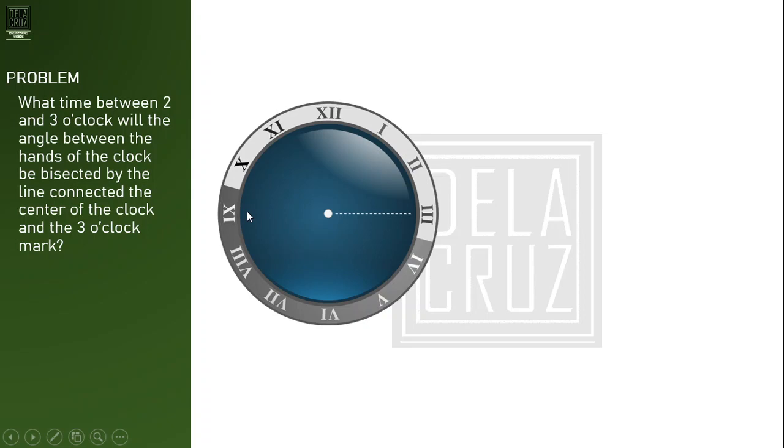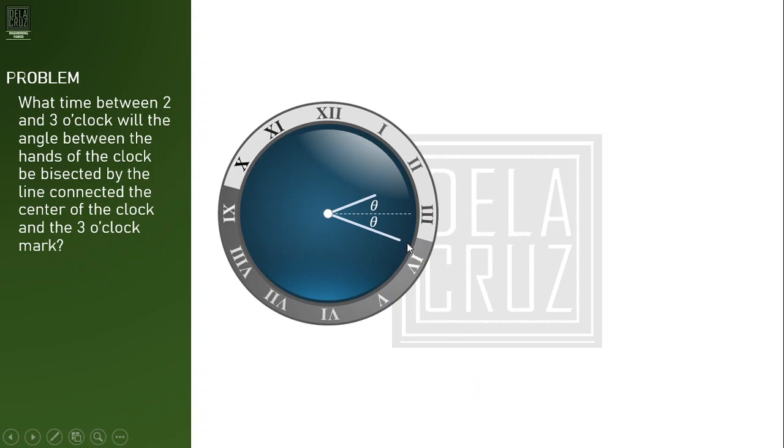So ibig sabihin, since nag-move na yung ating orasan, that means somewhat ganito yung ating formation ng ating hands of the clock, no? So yung ating angle between them is bisected. Let's say that is theta. And the angle from the 3 o'clock mark to this shorthand is theta. And from the 3 o'clock mark to the longhand is theta pa rin. Okay, yan yung ibig sabihin ng bisected.